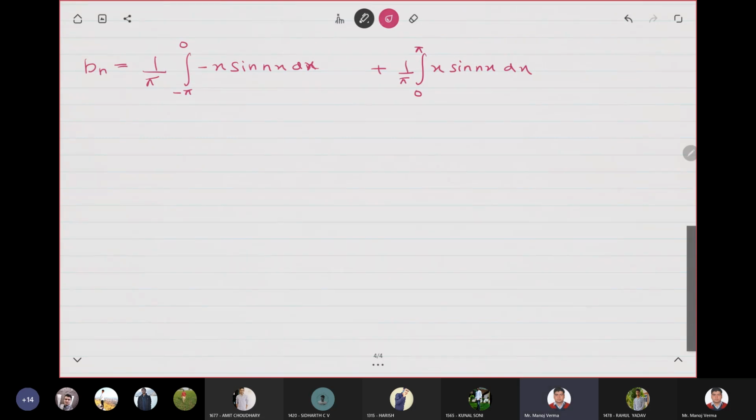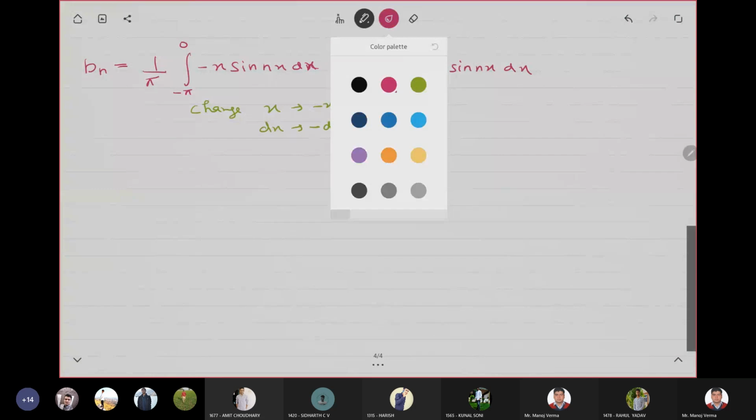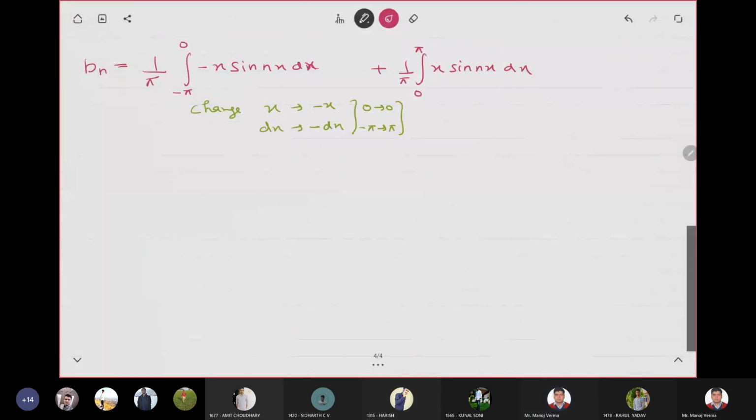So again in this first expression, if I change x to -x, dx will be changed to minus dx, and limits will change: 0 will remain 0 and minus pi will remain pi. So this bn will become 1 over pi, pi to 0, minus of minus x.